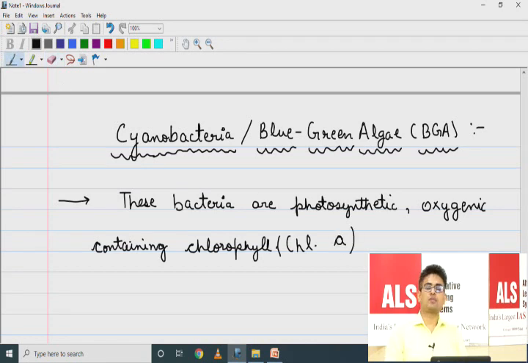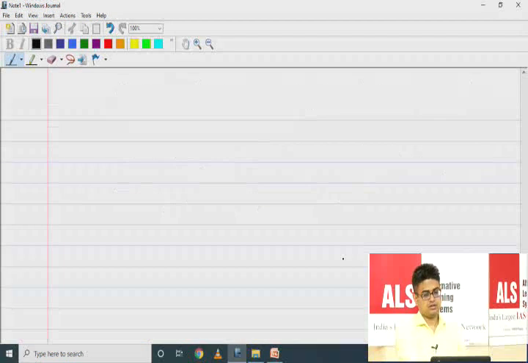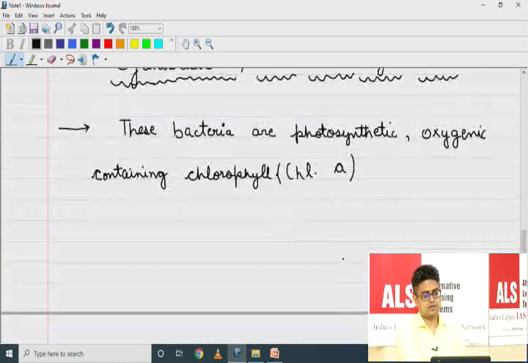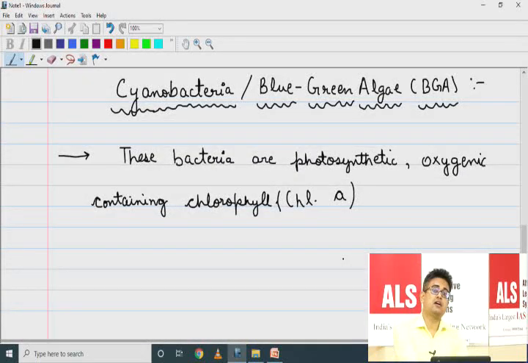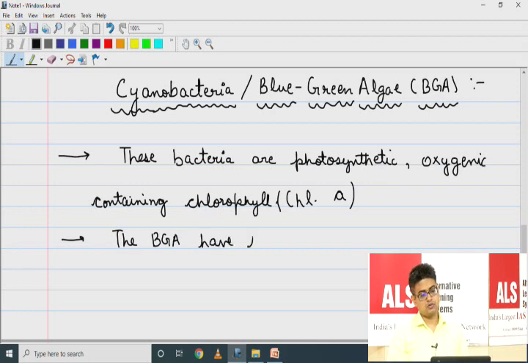Chlorophyll A is found in higher plants normally. These bacteria, the BGA, one and the same thing, have a blue-green color due to blue-green pigments.